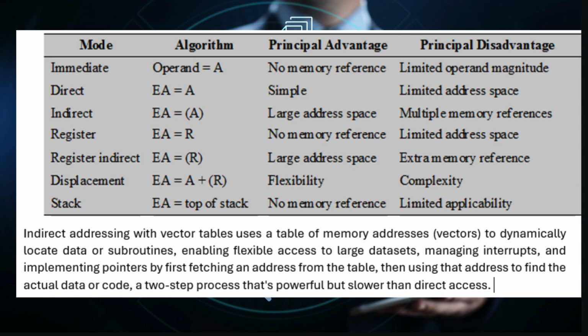Think of this like a vector table. If a program needs to choose one of five random sentences, it picks a number between 1 and 5. The program then looks at the vector table to find the specific memory address of that sentence. This allowed for more flexible and dynamic software designs.